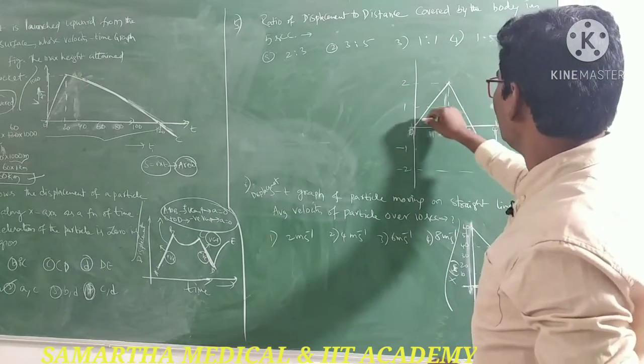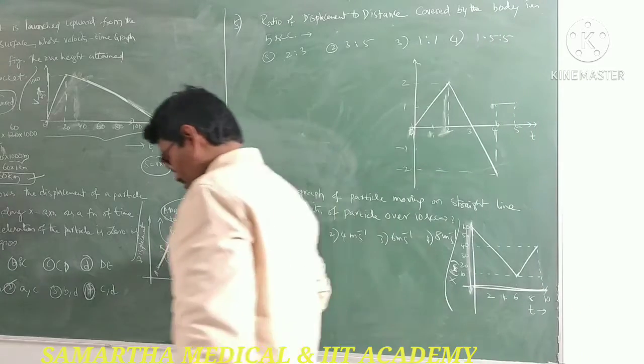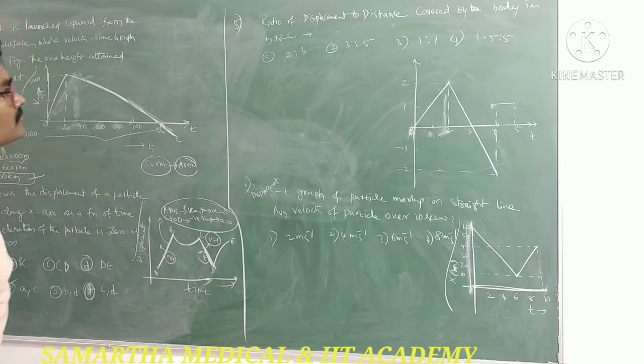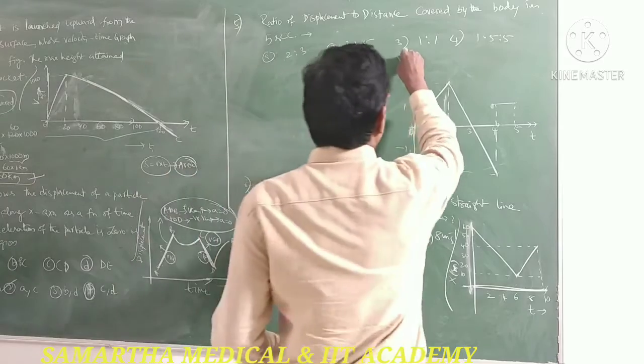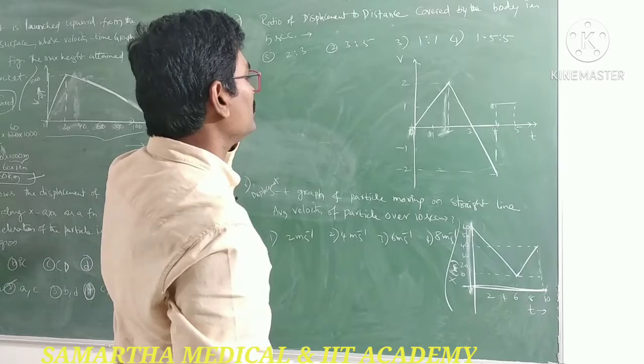So now you see here, this is the velocity time curve. For this velocity time curve, they are asking the ratio of displacement to distance.